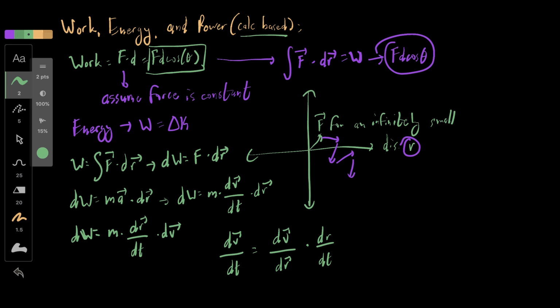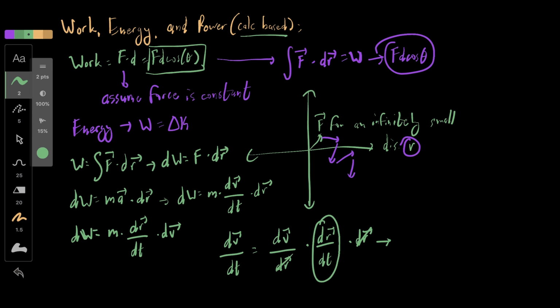And I showed you in my chain rule video how that works. But then when you have multiplied by dr over here, you see what you have is dr by dt, which is our velocity, and dv by dr, so the differential of v over the differential of r, but then you multiply it by those differentials of r, and that's just like integrating the derivative. So then that essentially means we can cancel, in quotations, but in reality all we're doing is just taking the integral essentially of the derivative.